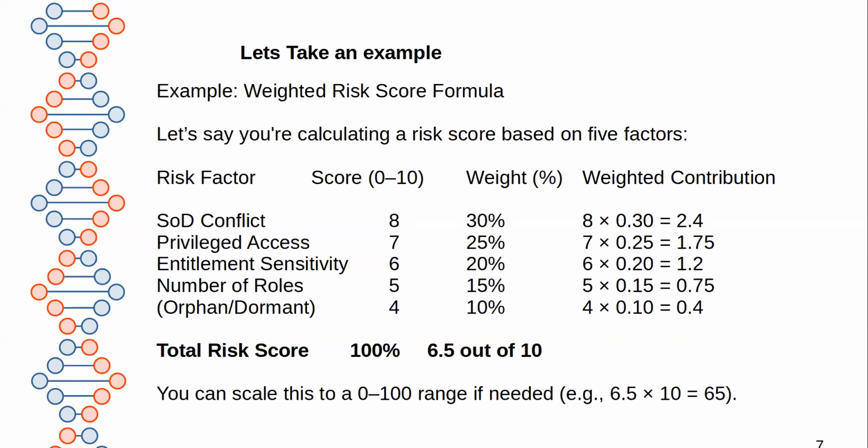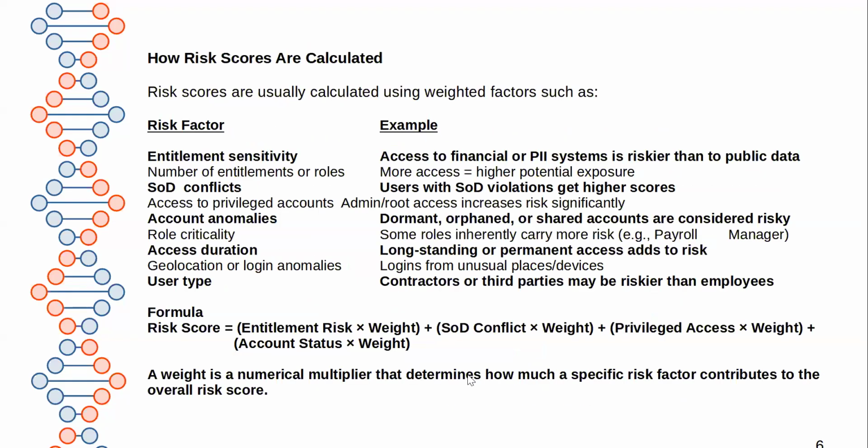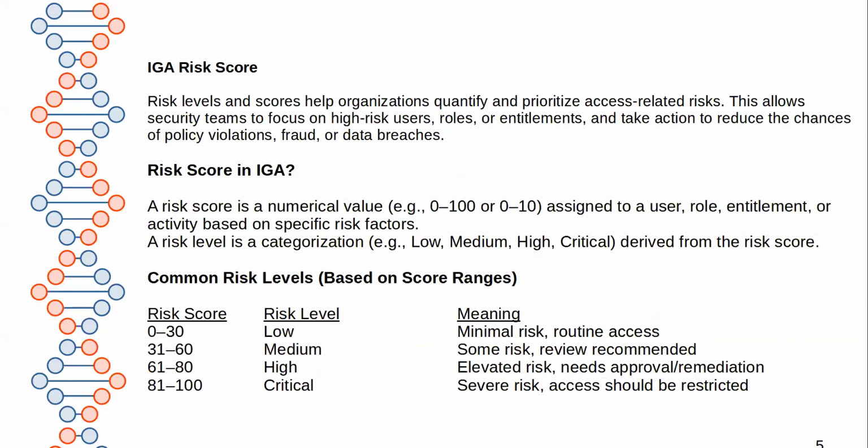So important things are there. Very, very important thing. Number one, the risk factors. Number two, what is the risk score you are defined by the company? What is the weight of that? And what is the high level table for categorizing them as low, medium, high, and critical?